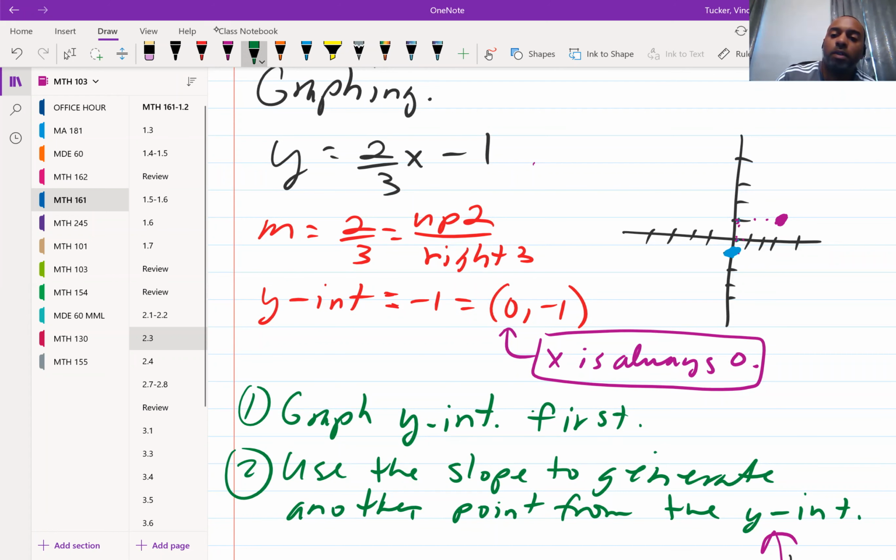So go to the origin, go down 1. And then from there, you're going to use the slope to generate another point from the y-intercept. So remember, your slope is not a point. So you don't go to the origin. You go to the y-intercept and you will go up 2 and then right 3. That'll put us right here.